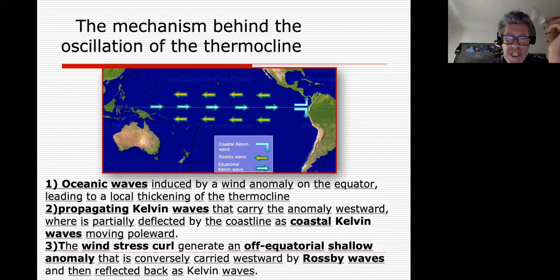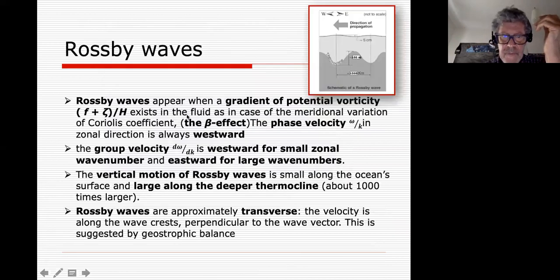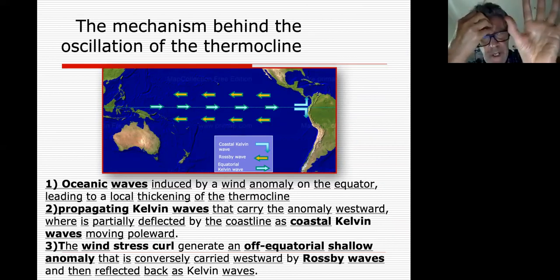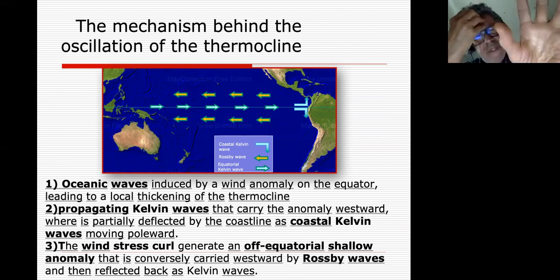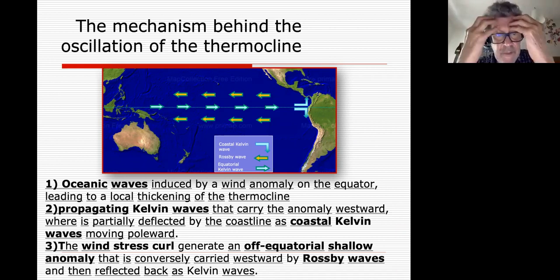So essentially, we assume that, to start the mechanism, for example El Niño, you should have a perturbation in the atmosphere approximately here in the western part of the ocean. And there is a wind anomaly on the equator.